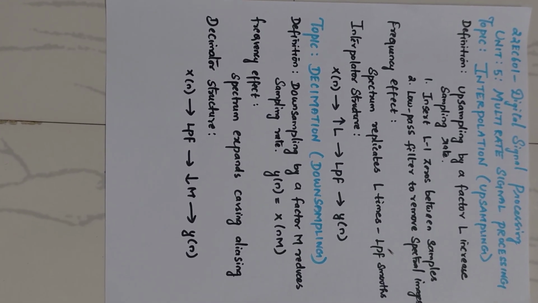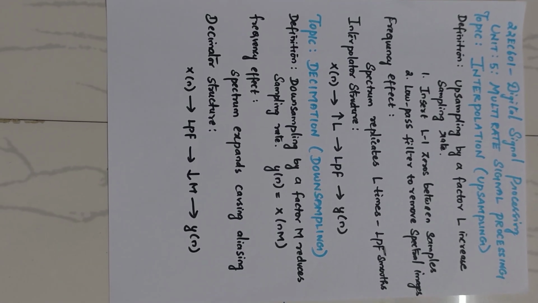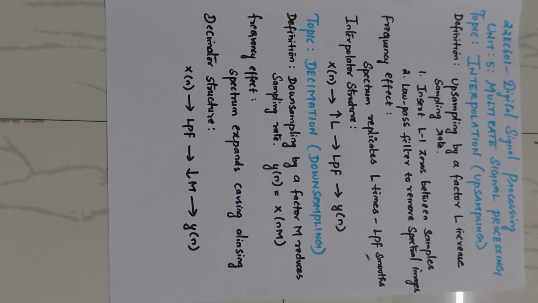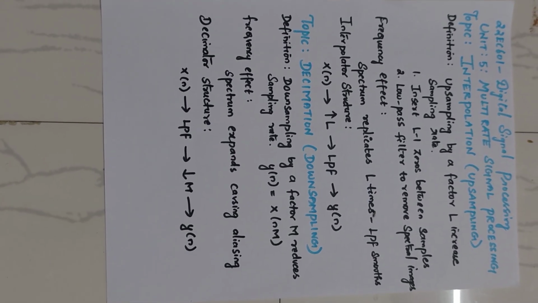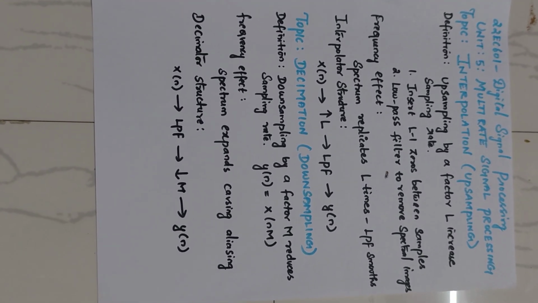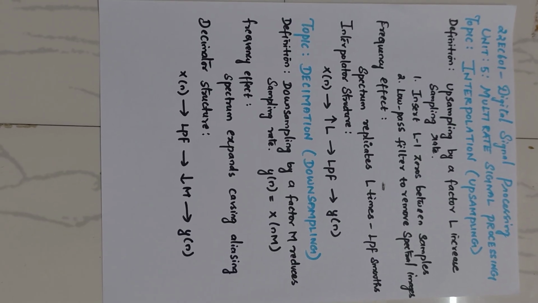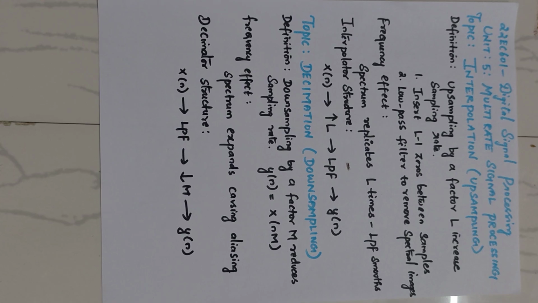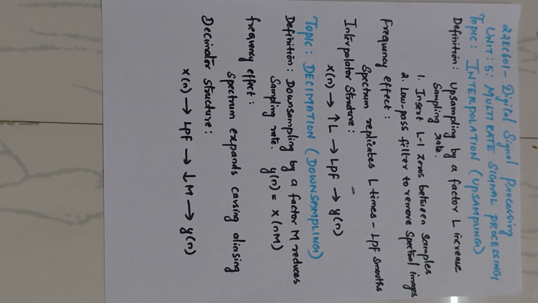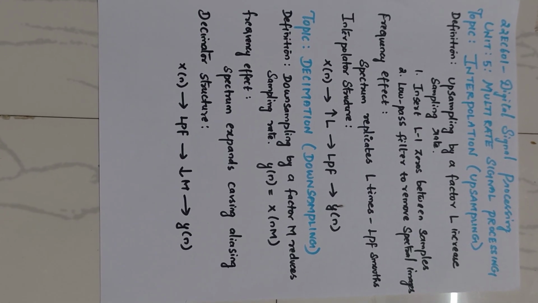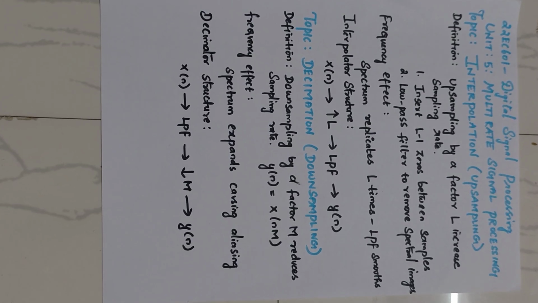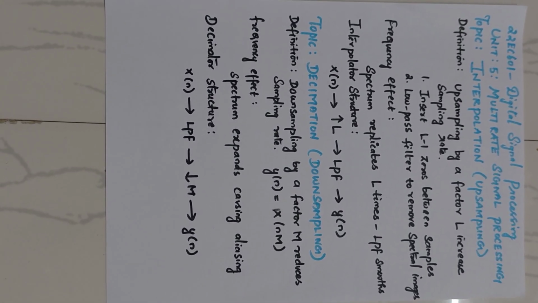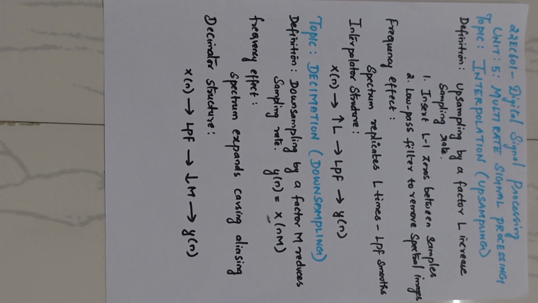So the conclusion of interpolation: it means increasing the factor. Interpolation means upsampling, done based on some factor, called capital L. Once you calculate L, you need to insert L minus 1 zeros between the samples. Let L equal 10. How many zeros do I insert? L minus 1, that is 10 minus 1, so 9 zeros are inserted between the samples.